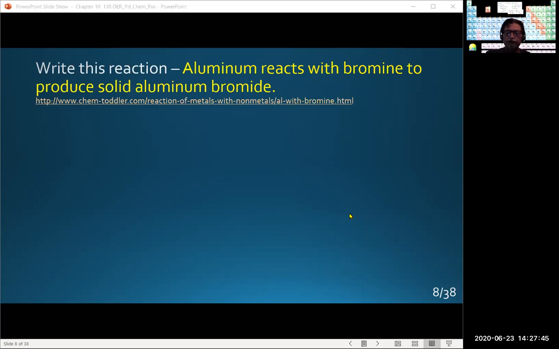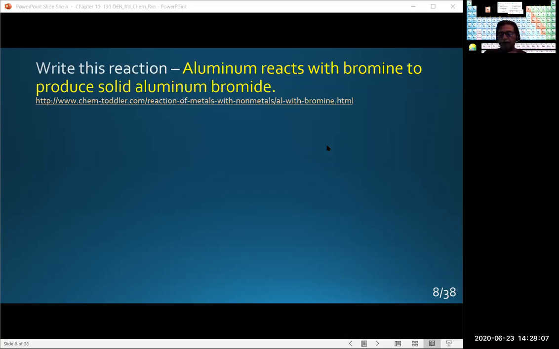On the slide, you should take a look at that reaction. I don't think it's functional from where I tried it earlier; from my end, there's a problem. But if you look at that link on your own time, you can see this reaction proceed. It's a pretty vigorous reaction.